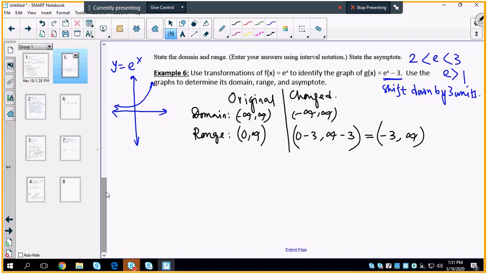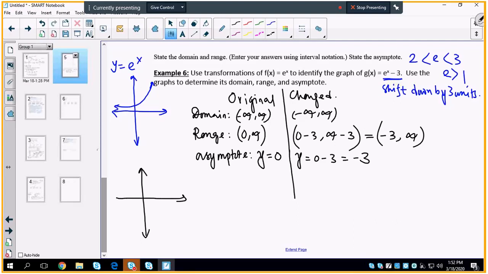And finally, we talk about the asymptote. Well, asymptote is also represented by y. It is y equal to 0 originally. Now you subtract 3 from it, so you get y equal to negative 3 as the horizontal asymptote. How about the graph? All I need to understand is what is a shift of this graph 3 units downwards. So 1, 2, 3.